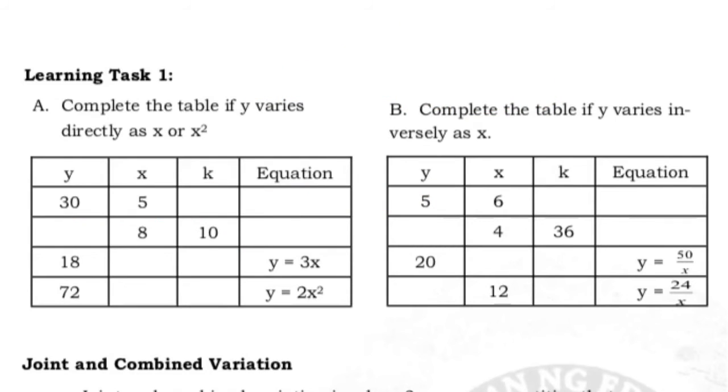For letter B, complete the table if y varies inversely as x. So y here is equal to 5. x is 6. So we're going to find k. So again, we're going to have this one as an example. So for the inverse variation, we're going to use k equals x times y.